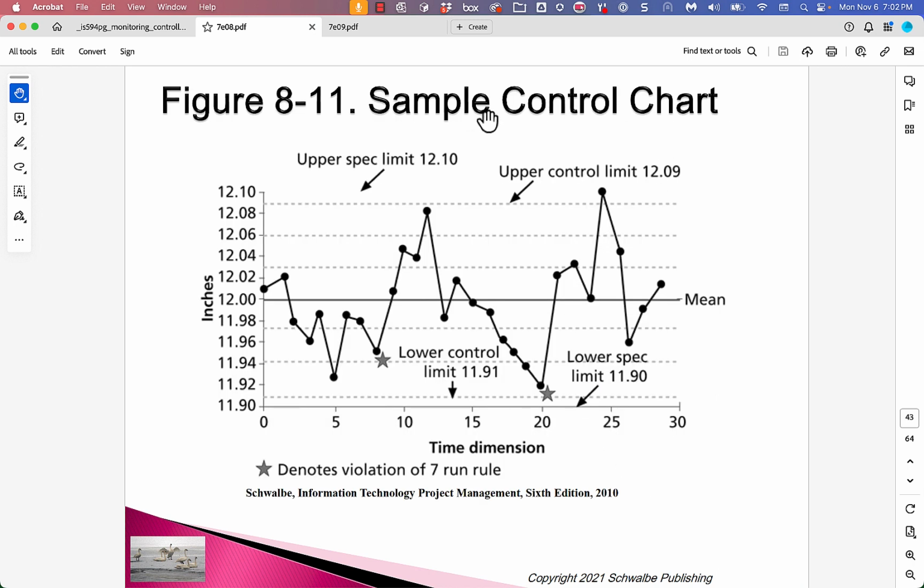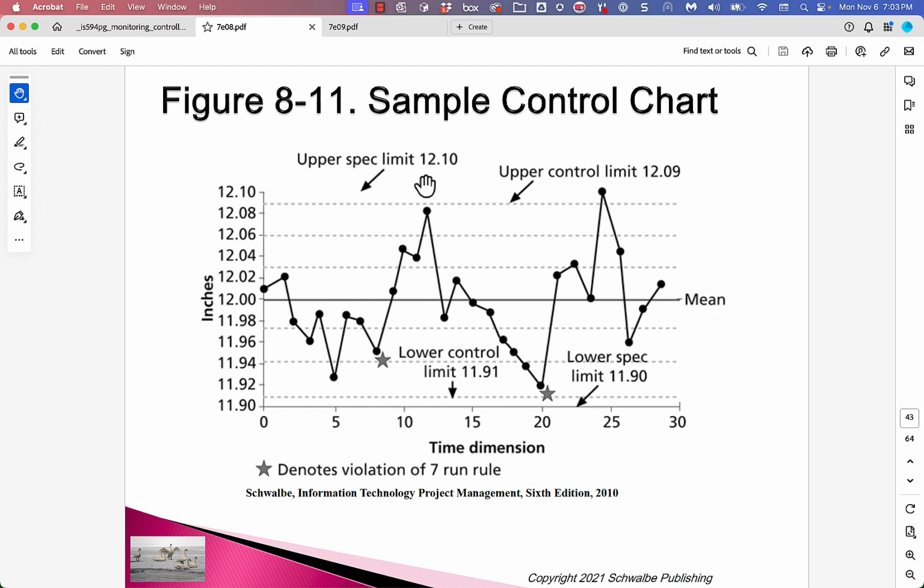So this control chart is a way of visualizing data to be able to know when we have deviations that are large because we set up these control limits. So when we go past them, then we're out, we're past the limit. We officially have a large deviation.